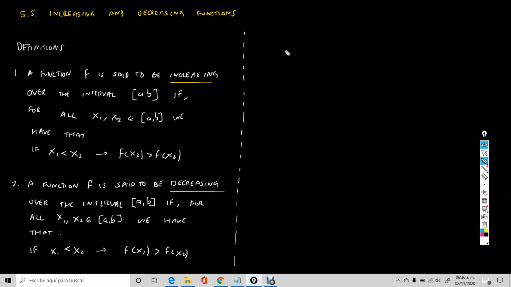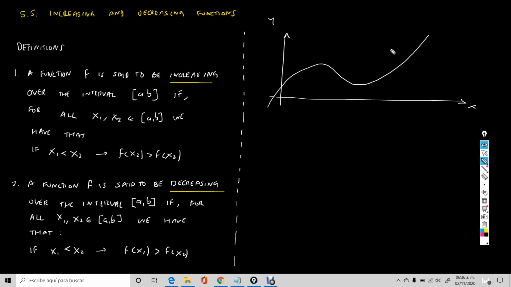For example, suppose that I'm going to give you a function, or more specifically the graph of a function, and let's suppose that such graph does something like this. There you go, more or less. Then we can see that we can part the graph into these sections, guys.